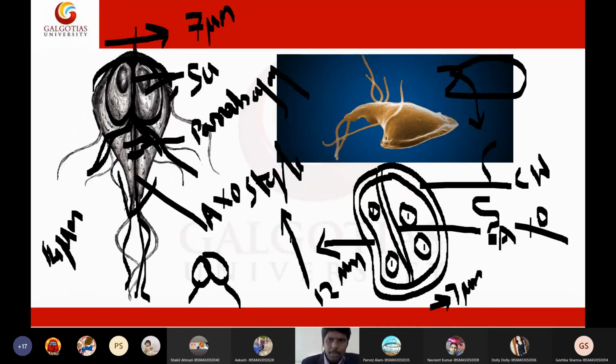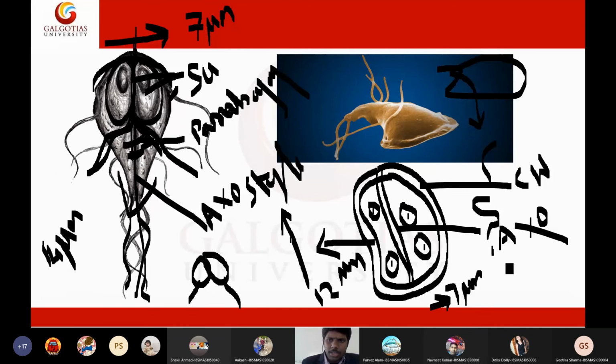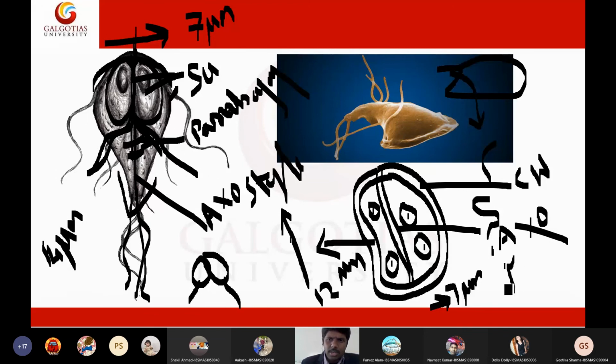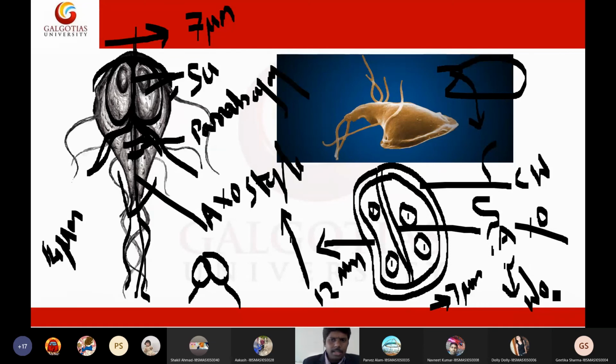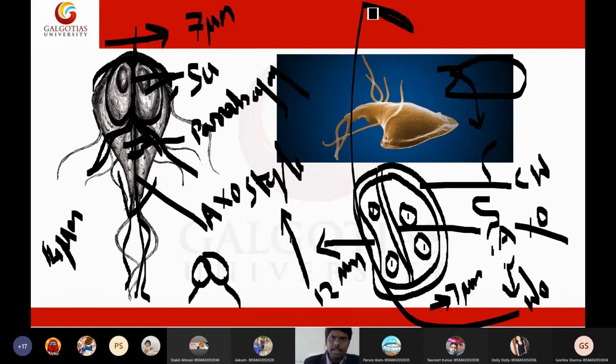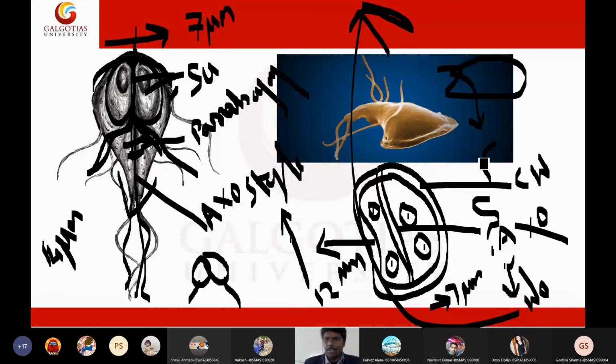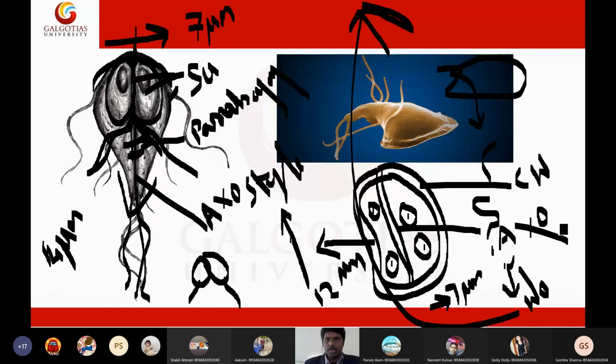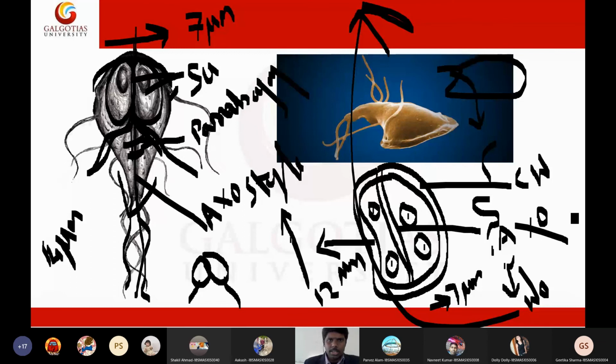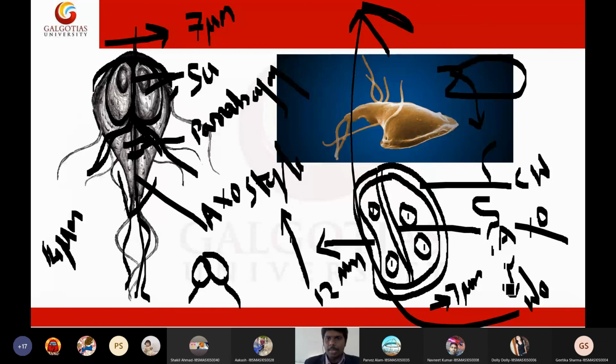During unfavorable conditions in the intestine, it will form the cyst, and this cyst will be discharged in the water or anywhere, and the life cycle will continue once again. Any person drinking this contaminated water will continue the life cycle. So this is the life cycle of Giardia lamblia.